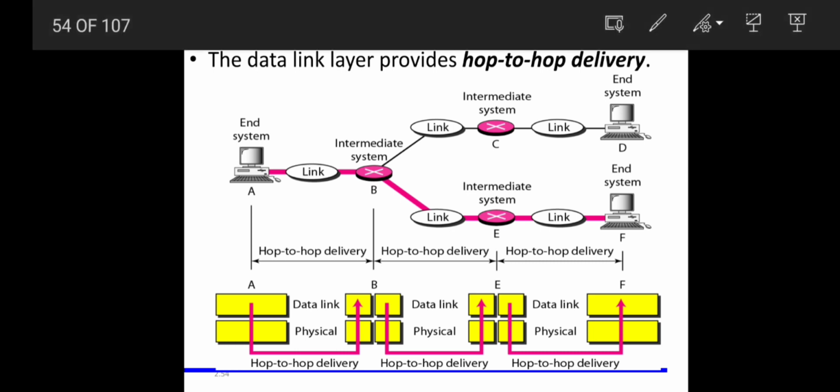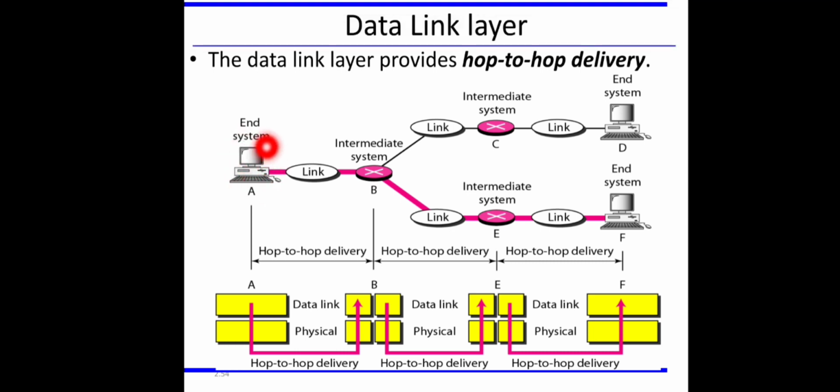Suppose we have communication from machine A to machine D. The actual communication is from A to D, but the data link layer at machine A is concerned about how the data can be successfully transmitted to B. Likewise, the data link layer will be concerned about how the communication can be done from B to C, and then C to D. It is never bothered about A to D as a single unit.